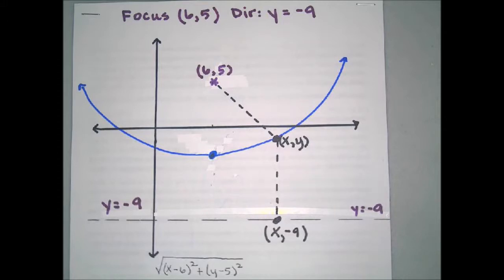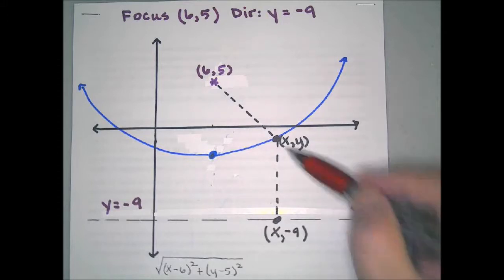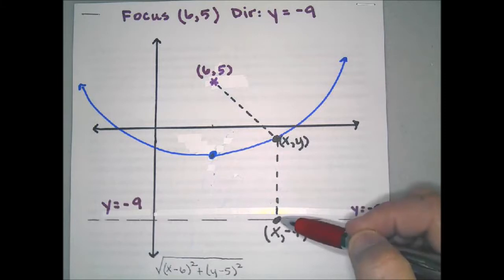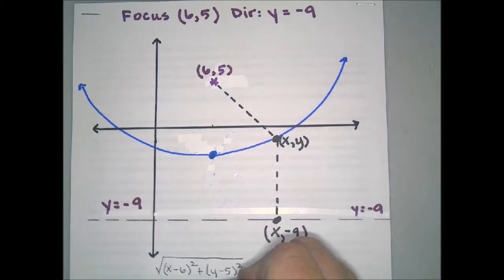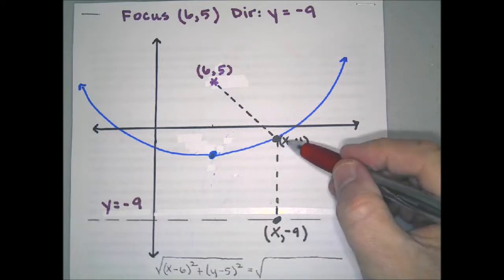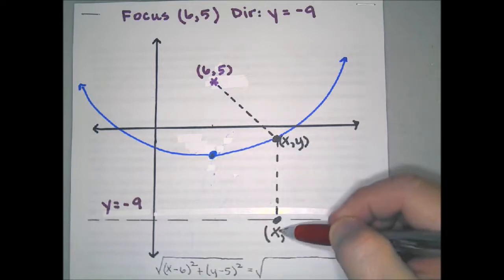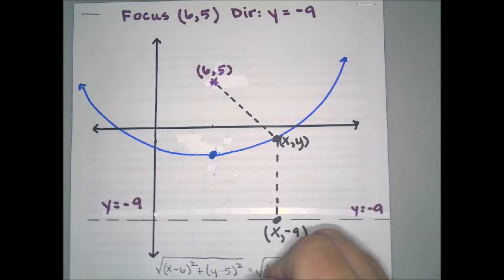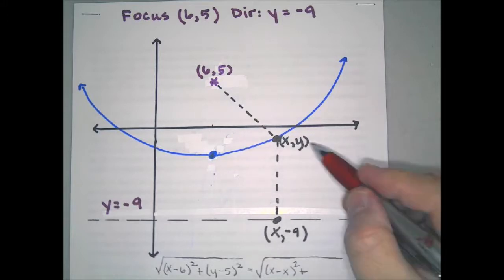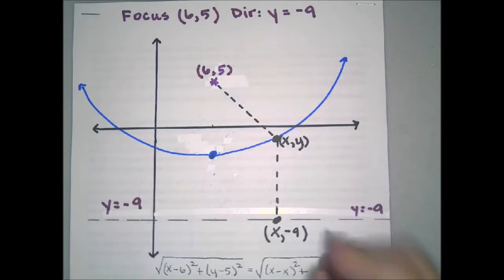But by the definition of the parabola, we also know that distance equals this distance. So I'm going to do the same thing, only with the other connection. This would be x minus x, which is very conveniently going to go away in a second, squared, plus, and this would be y minus -9 squared.